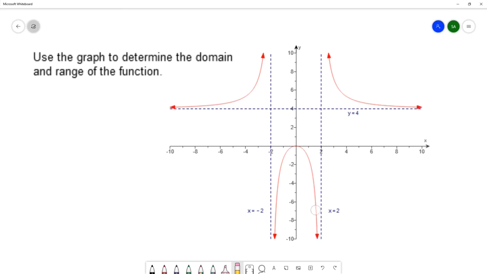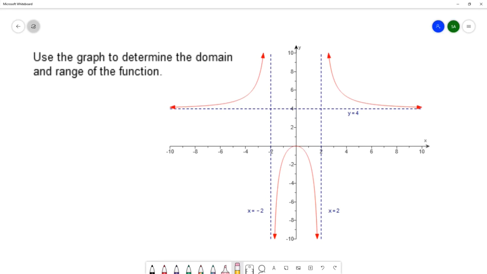You can see this arrow means the graph goes down and to the right, but combined with this dashed line, it will never cross a value of 2. And it also occurs right here. This arrow is going up and to the left, and combined with this line at 2, the line will never cross that value of 2. So hopefully that helps you a little bit.